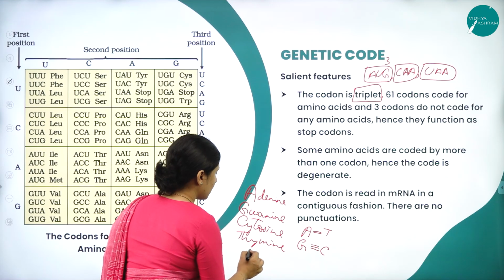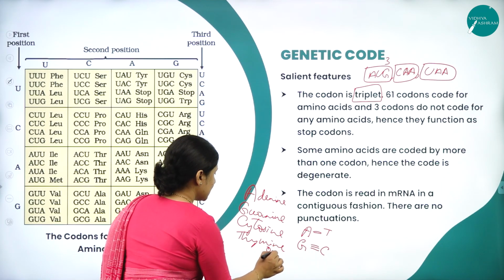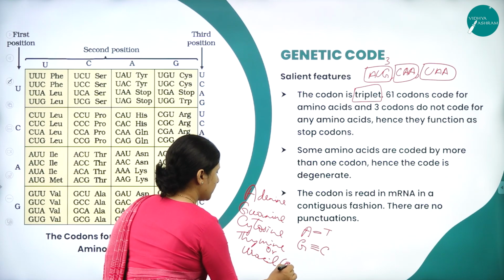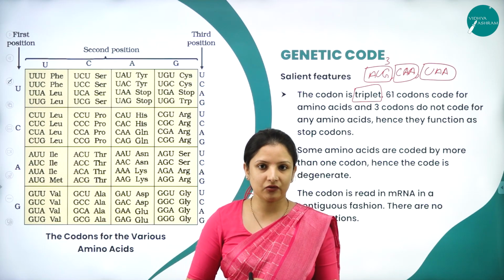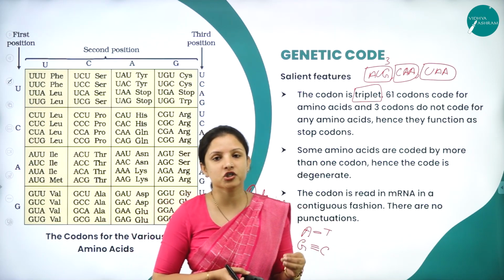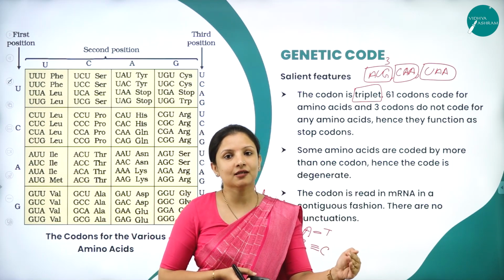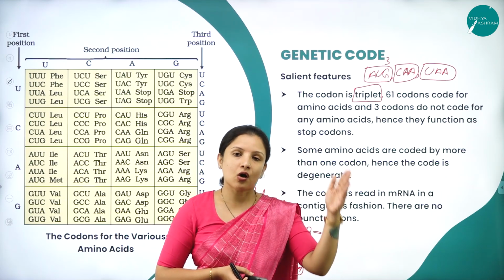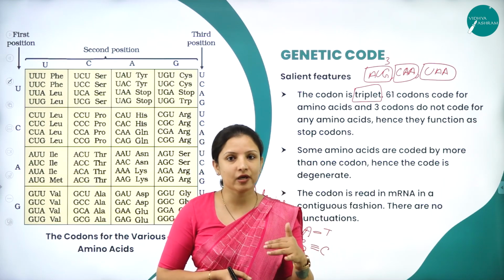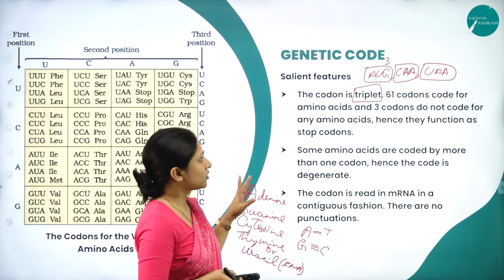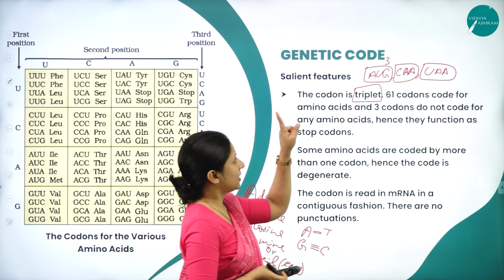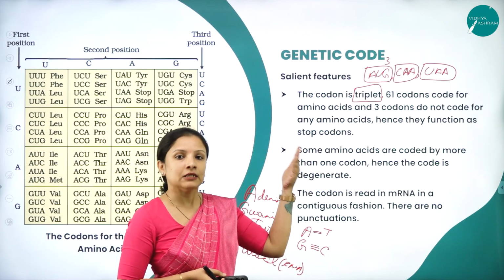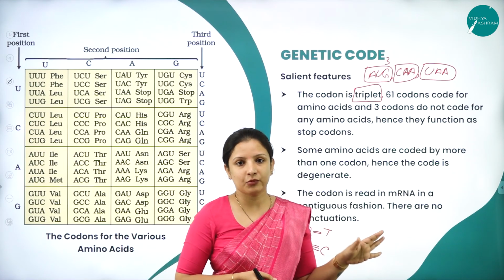Instead of thymine, it is uracil, right? That is why when we write a genetic code, there is no thymine there, because DNA's function is only to transcribe the genes onto the mRNA. Therefore, because uracil is present in RNA and there is no thymine, it is AUG, AUA, UAA, like that.